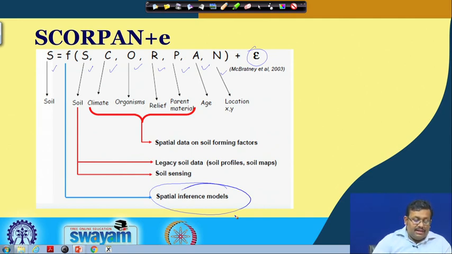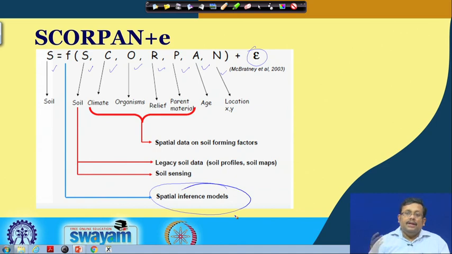And obviously for soil, you can gather the soil information from legacy soil data, which is the original soil data that has been compiled from analyzing real soil samples.